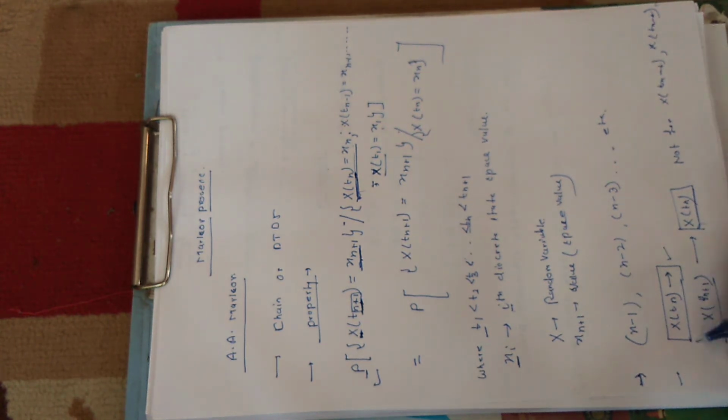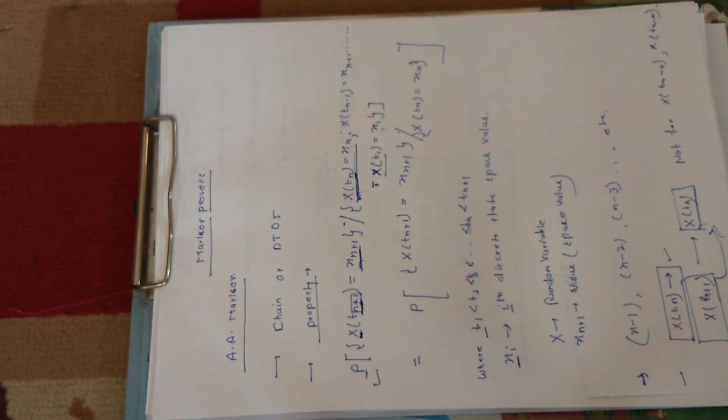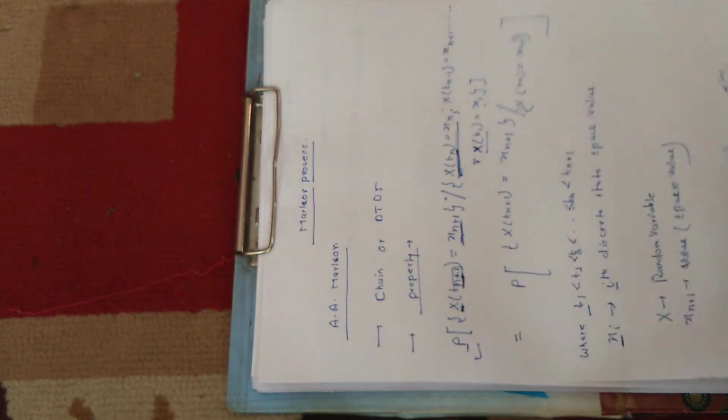Similarly, the next state we can find out from its present state. This is the main property of a Markov process. Or we can also say that the time period for which the process has stayed in the current state should play no role in determining the next state.